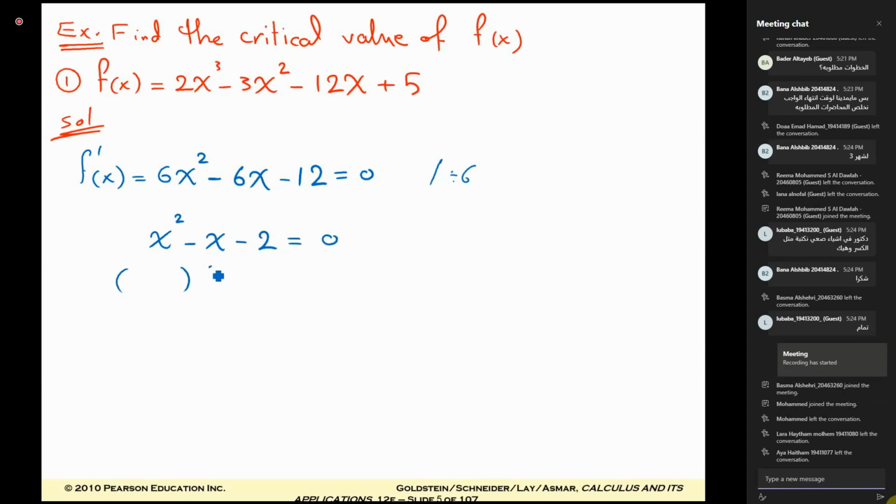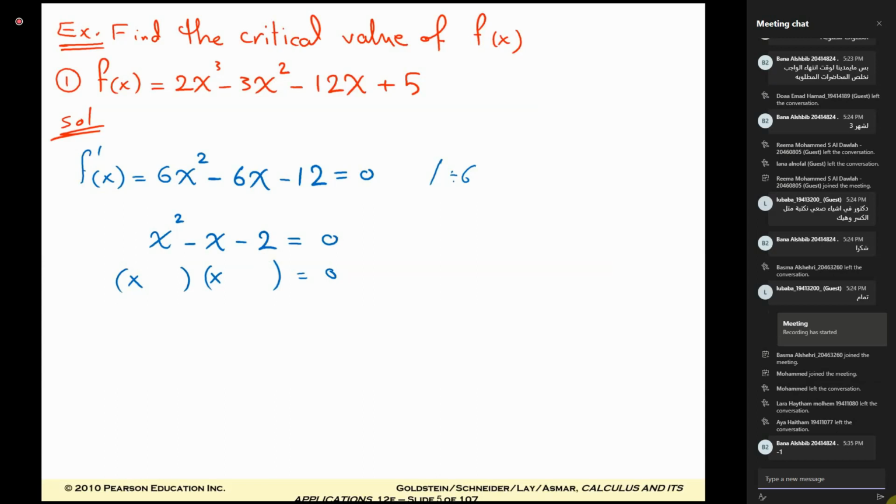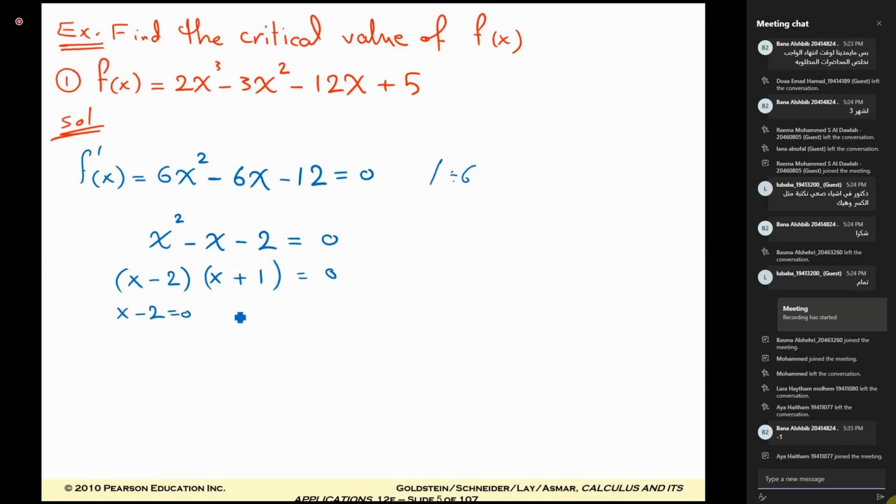We have x in both brackets, and we need to find two numbers whose product is -2 and sum is -1: -2 and +1. So x minus 2 equals 0 and x plus 1 equals 0, so x equals 2 and x equals -1. These are the critical values.